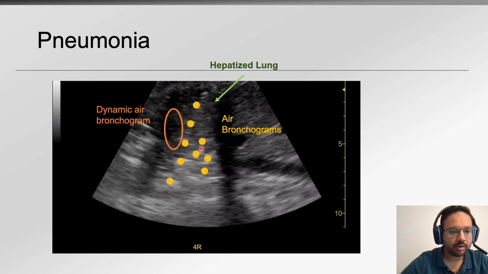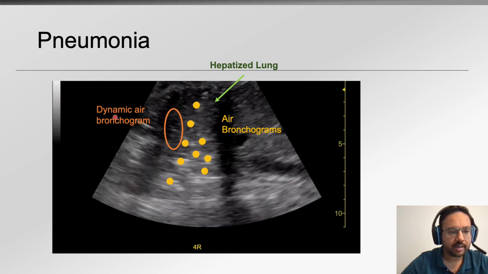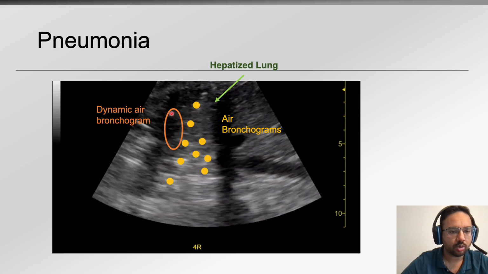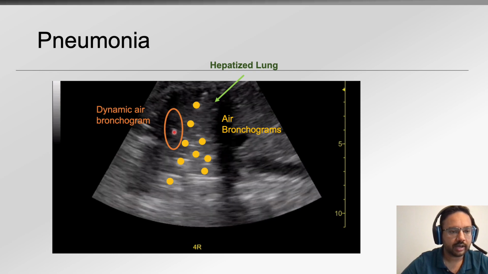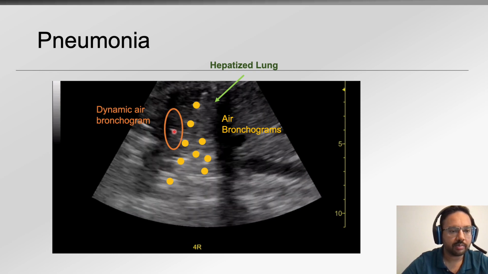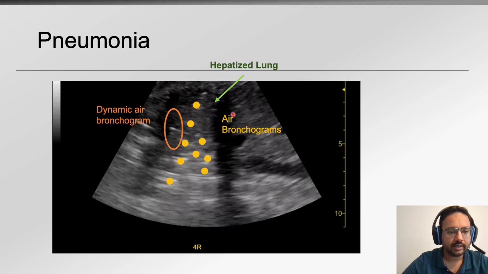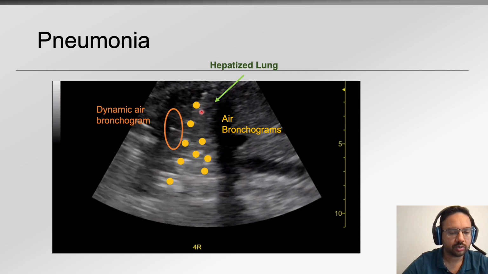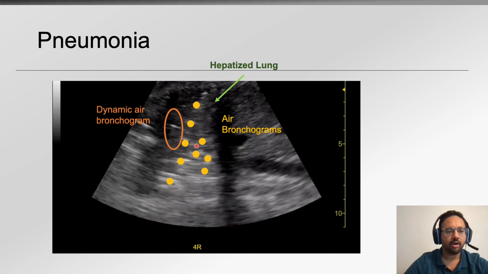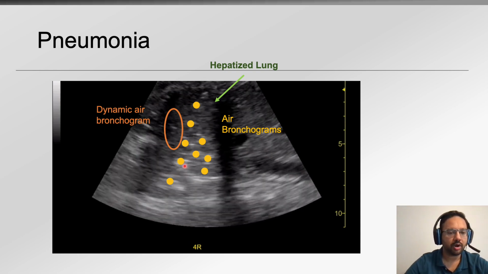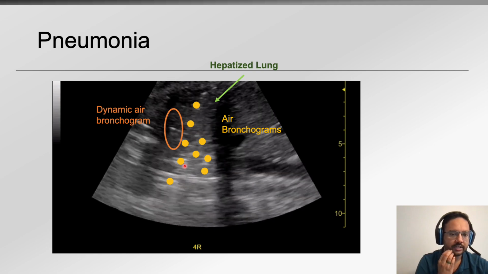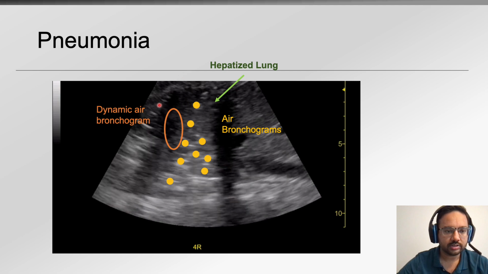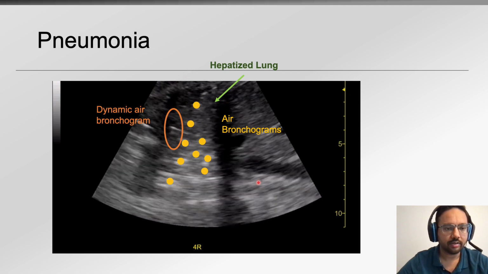The next thing I want to point out are the dynamic air bronchograms, which you see in this orange circle: an air bronchogram that moves up and down. And then along the rest of it, you see static air bronchograms, which are all these areas of bright white spots within the lung tissue. This looks almost like a starry sky appearance. And so these are all signs of a pneumonia.